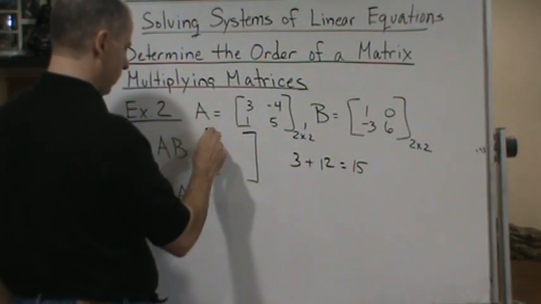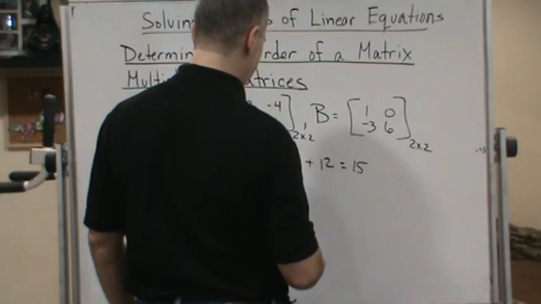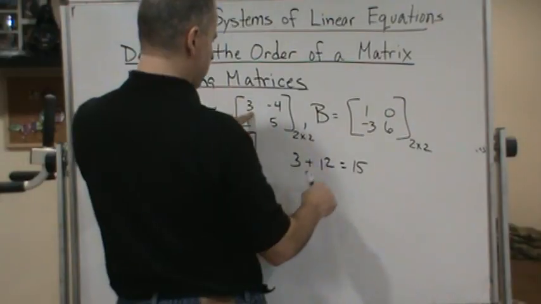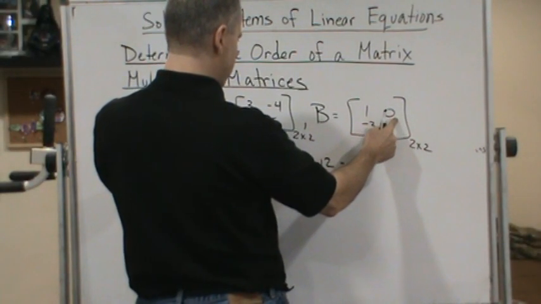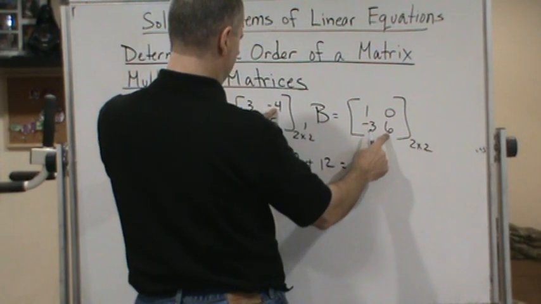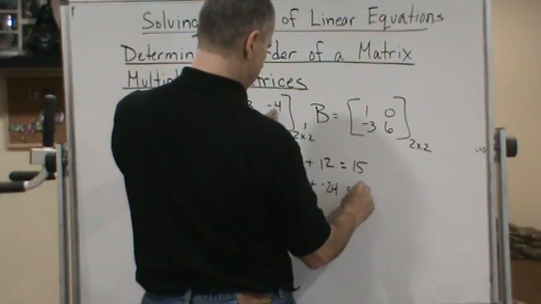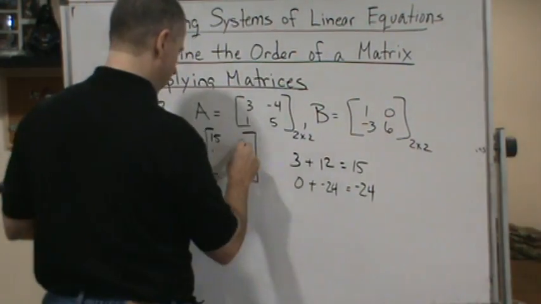So this will be 15. Now we do first row, second column. So 3 times 0 is 0, plus -4 times 6 is -24, which equals -24.